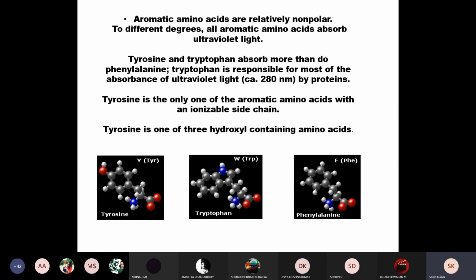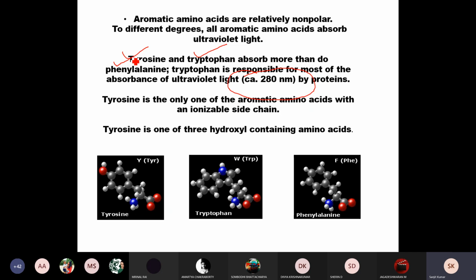The aromatic amino acids are relatively non-polar to different degrees, and all aromatic amino acids absorb ultraviolet light. Many times, you remember, when you are taking the OD of protein at 280, it is because at 280 tyrosine, tryptophan and phenylalanine are responsible for most of the absorbance of ultraviolet light.